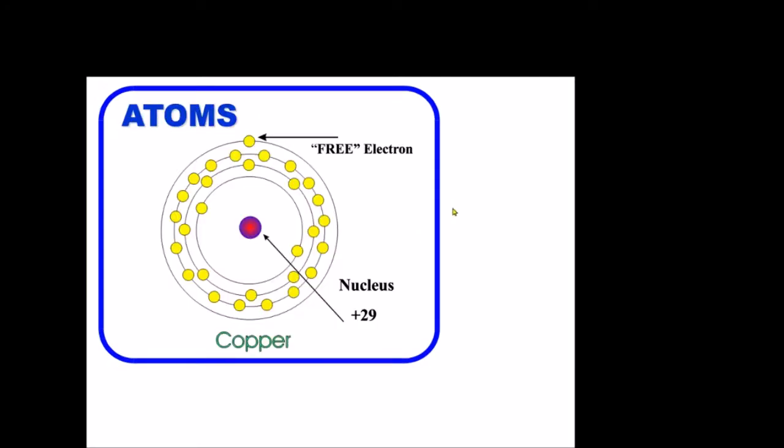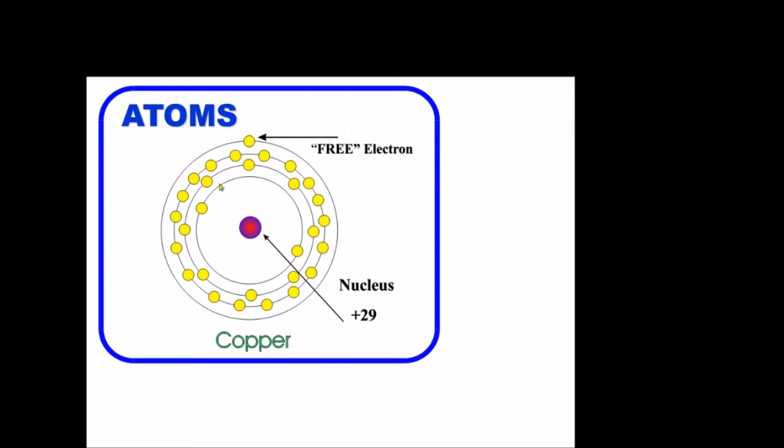So let's take a look at another atom, which is copper. Now, copper has a number of plus 29, which means that it has 29 protons, 29 neutrons, and 29 electrons.